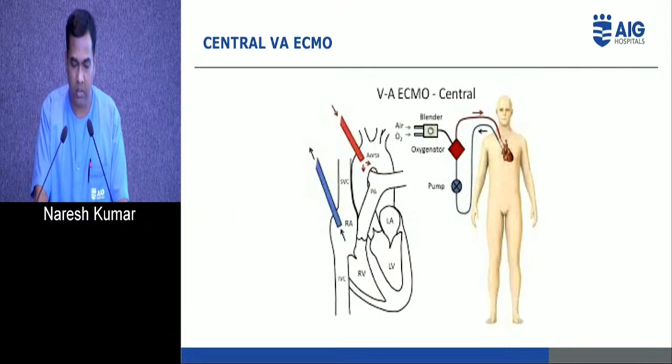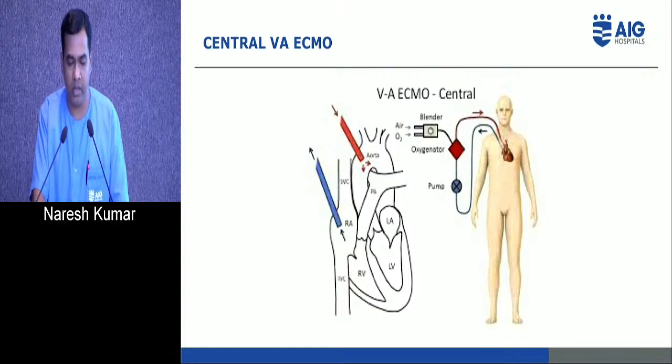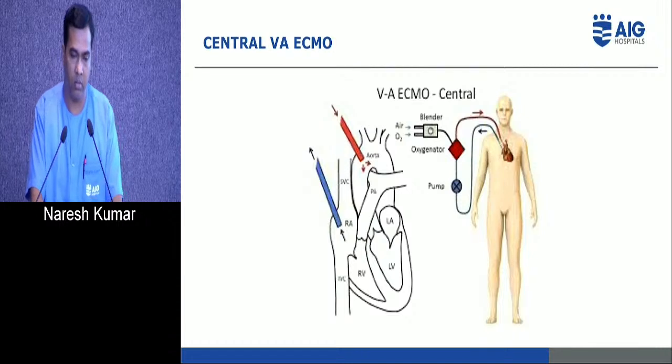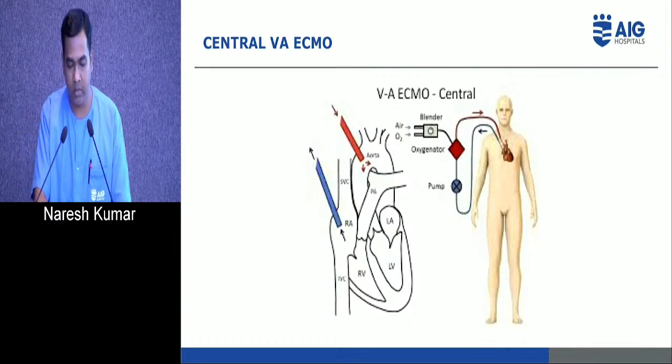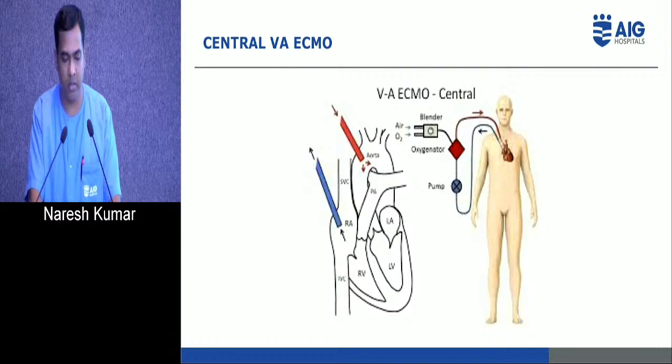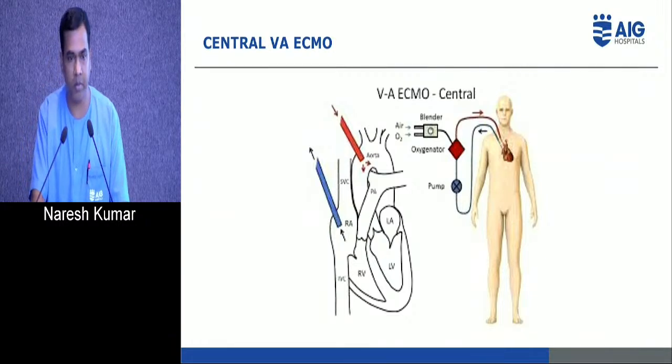In central ECMO, we usually put the inflow cannula in the right atrium, and the outflow cannula is cannulated into the ascending aorta, where the oxygenated blood is delivered. Sometimes LV venting can also be done by inserting a vent through the right superior pulmonary vein.